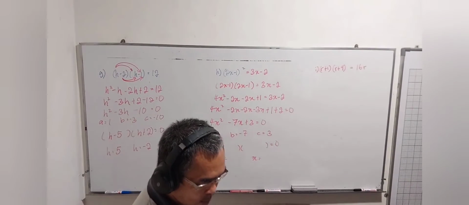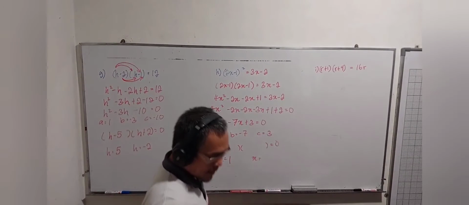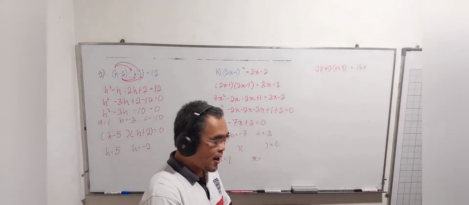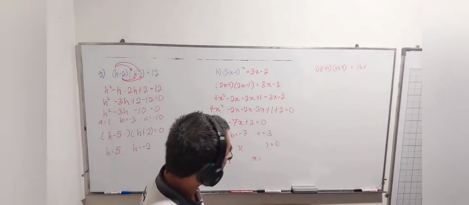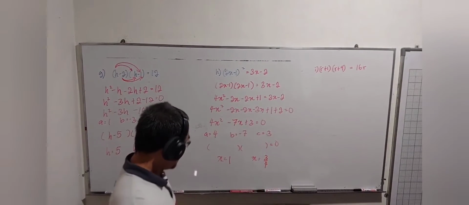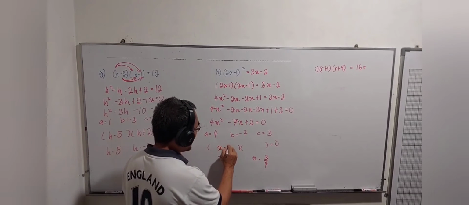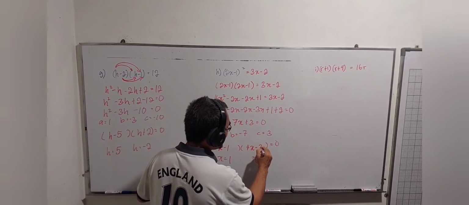Then you get the value x1 equals 1, and x2 equals 0.75. You just press shift ABC to change it to 3 over 4. So the factorization will be (x − 1)(4x − 3).